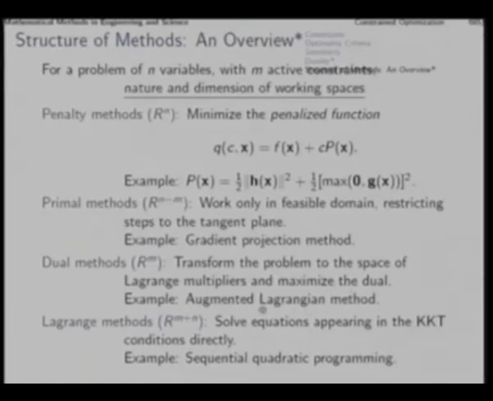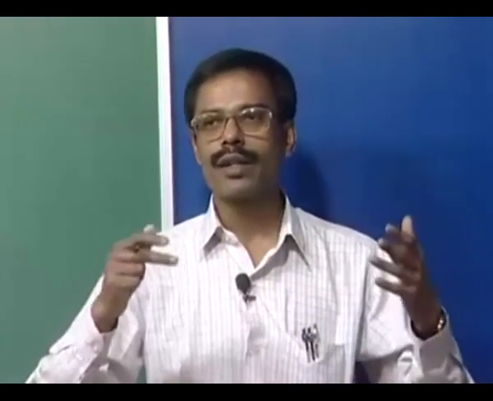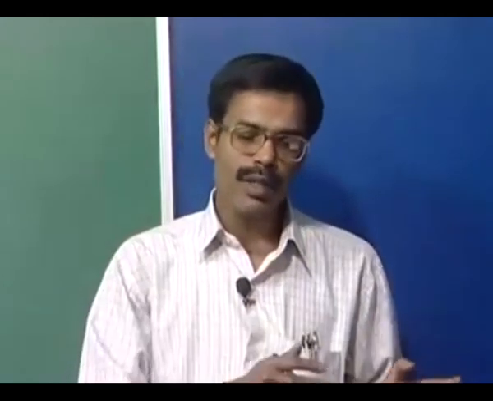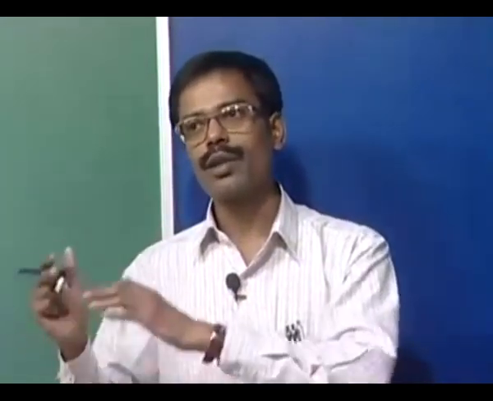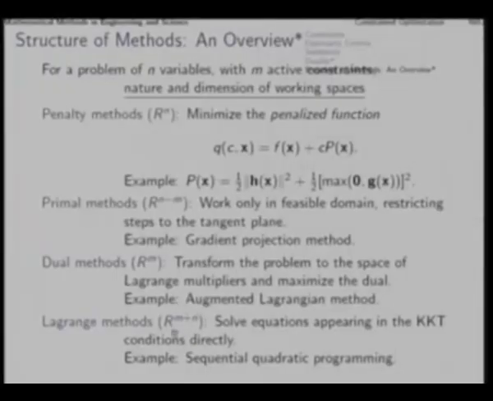There is yet another class of methods in which we operate on the entire space of x, lambda, mu together, that is primal variables and dual variables all together, and that is why they operate in a space of dimension m plus n. These constitute the family of methods called Lagrange methods. In that, what do we do?